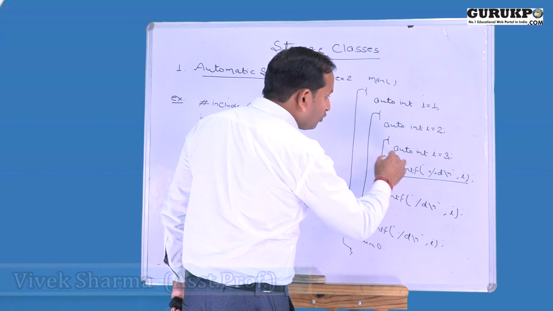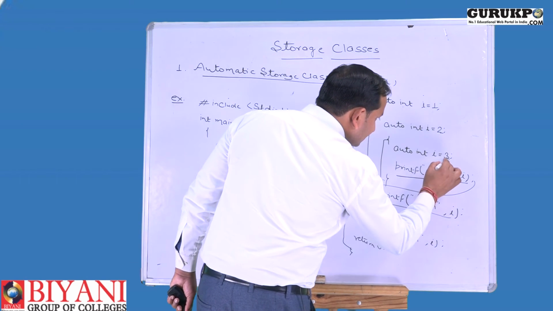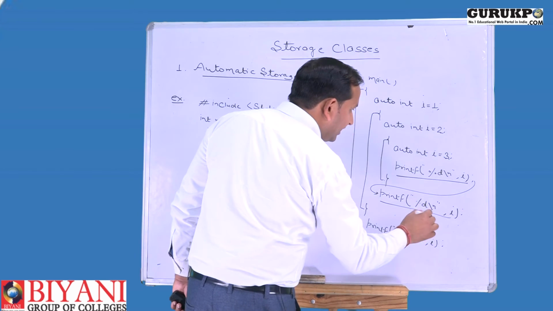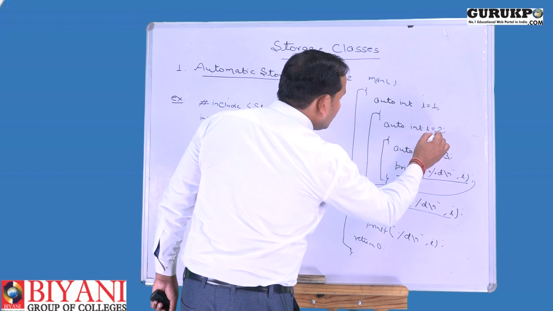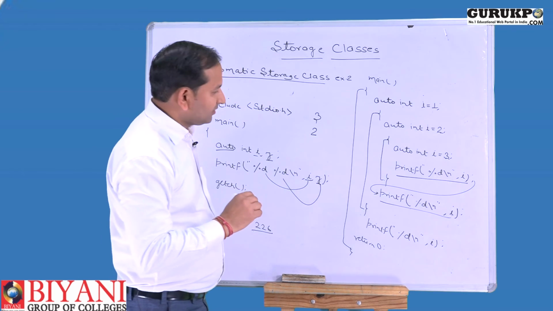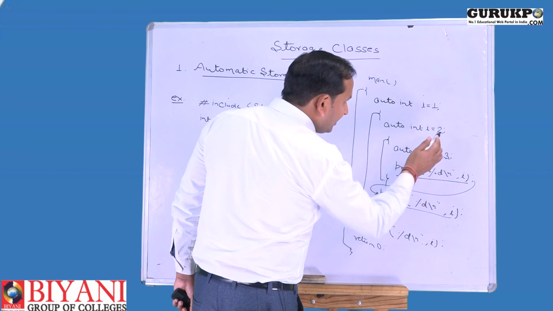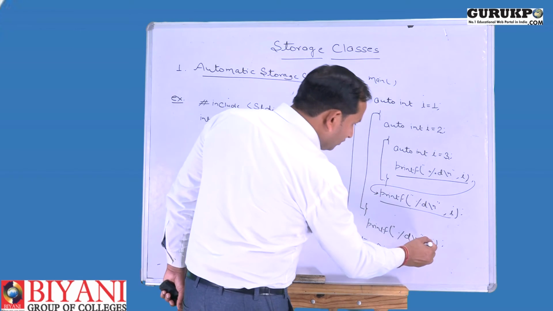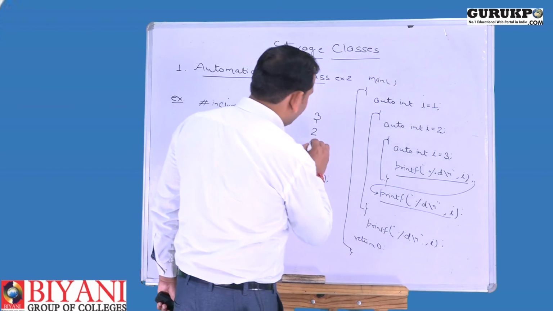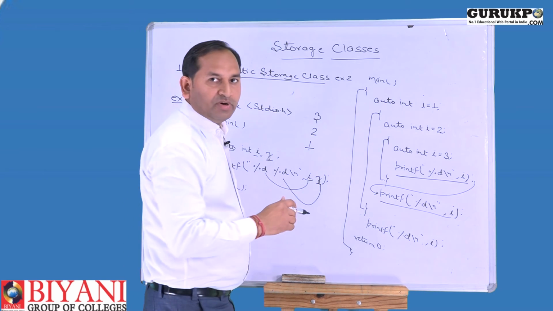The second time, when control goes outside this block, control goes here, at this time this 3 is dead and the local value of i will be 2. The third time we are printing here, at this time 3 and 2 have gone, so the value of i will be 1. So the output will be 3, 2, 1.